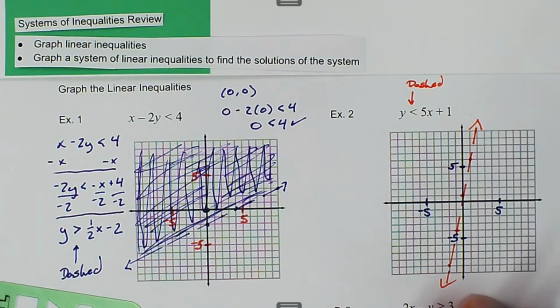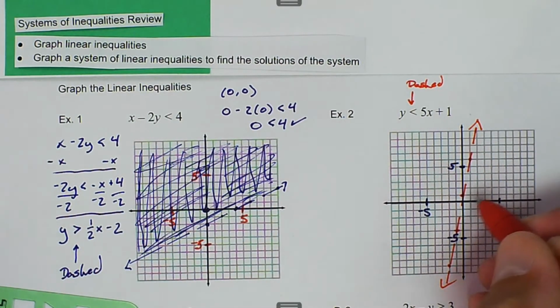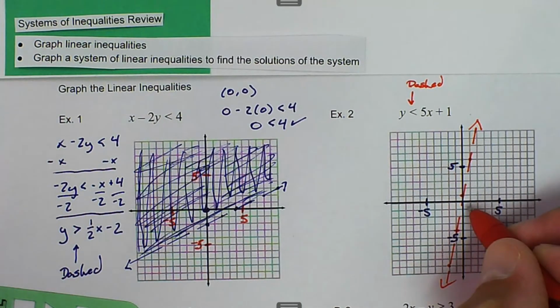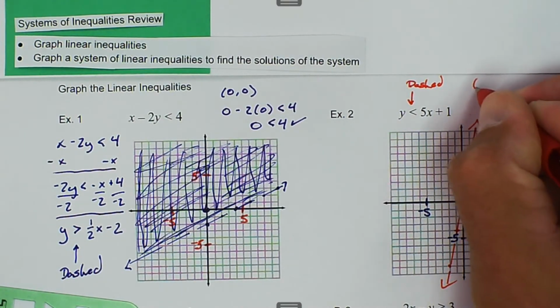And then just like anything else, we want to check it. So again, if 0, 0 is not on the line, then it's a good idea to check 0, 0. In this case, sometimes it might be hard to tell, is 0, 0 on the line or not. So we can pick 1, 0. That will be pretty easy to tell as well.